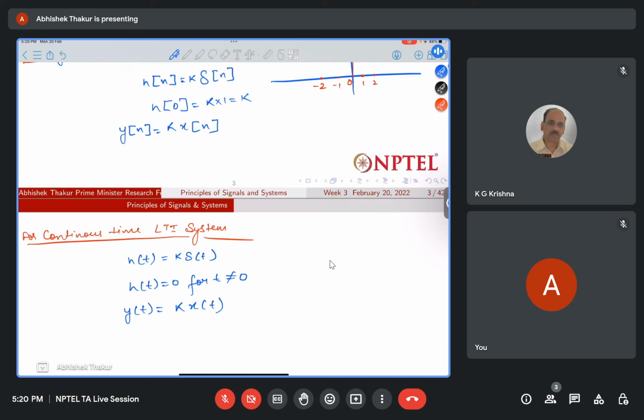Now we will see the causal system, which depends on the present and past input values.